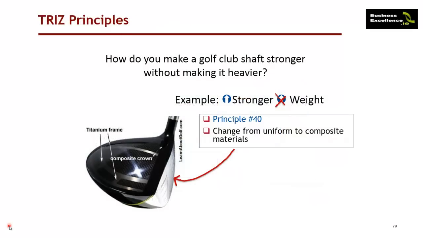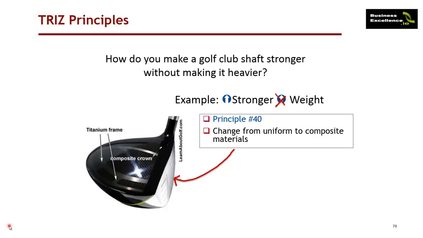Let's say, for example, we want to make a golf club stronger without necessarily making it heavier. So what we're trying to improve is the strength. But if we improve the strength of it, traditionally the weight of it would get heavier, which is something we don't want to do.